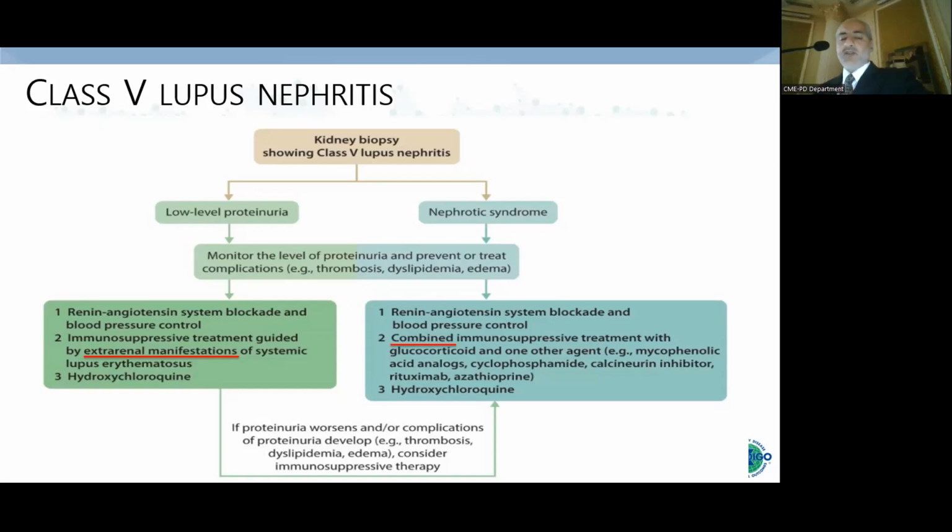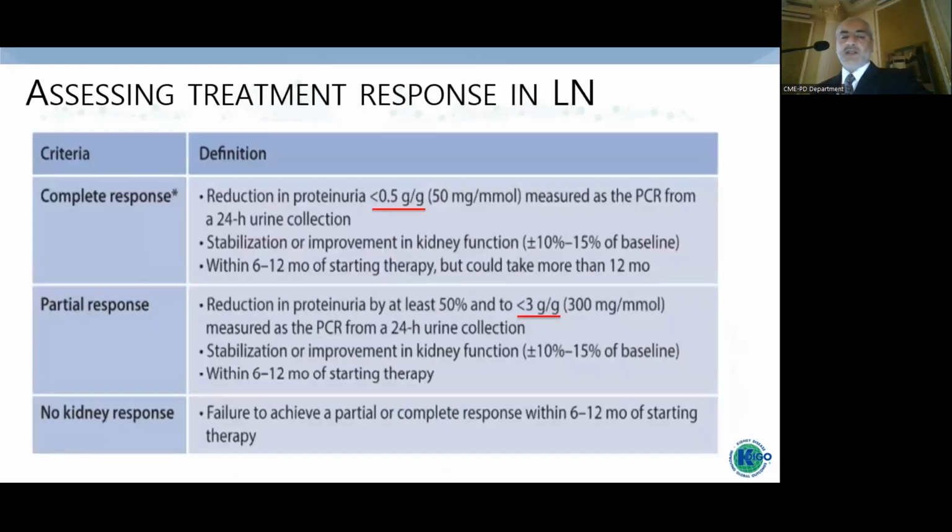Other agents can be used as immunosuppressive agent: MPA, azathioprine, cyclophosphamide, CNI, rituximab. All these are alternative immunosuppressive agents combined with glucocorticoids. Hydroxychloroquine is mandatory to be introduced in patients with lupus nephritis.